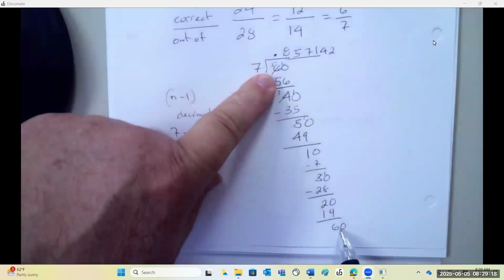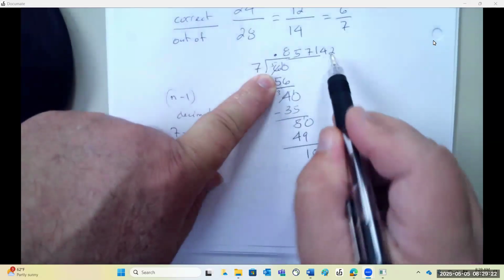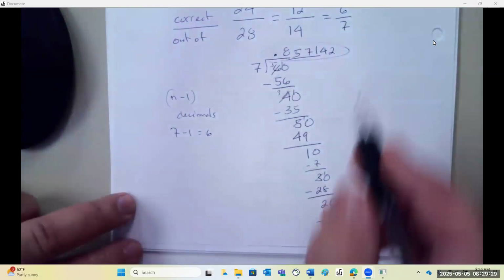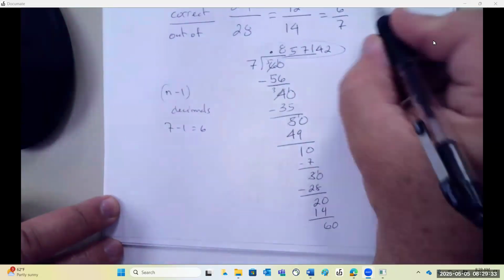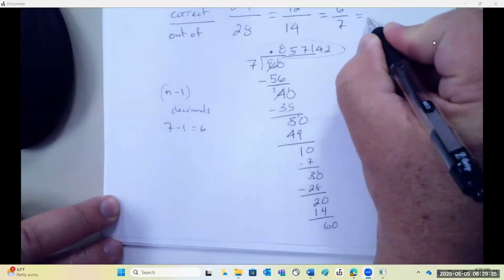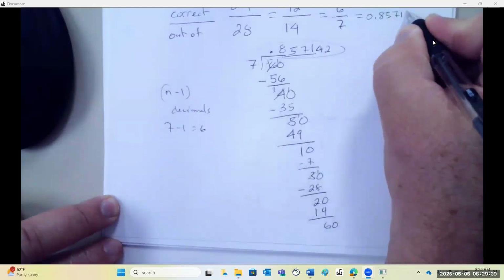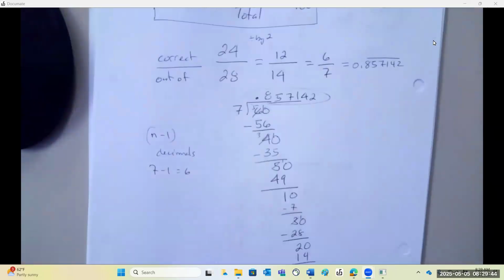Because now this number is what we started off with. 1, 2, 3, 4, 5, 6. Yeah. So now it's going to repeat itself. So this equals 0.857142 bar.